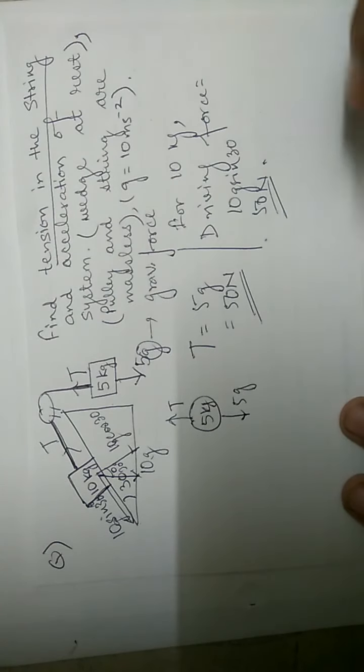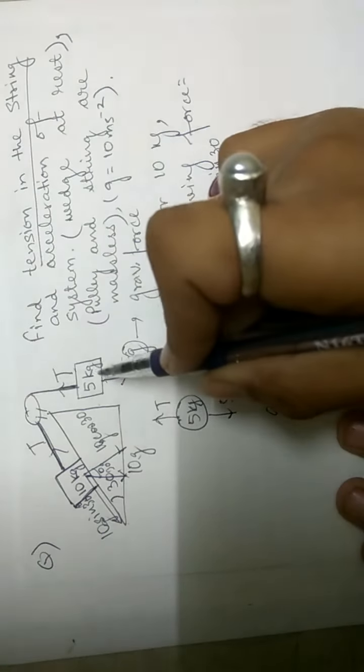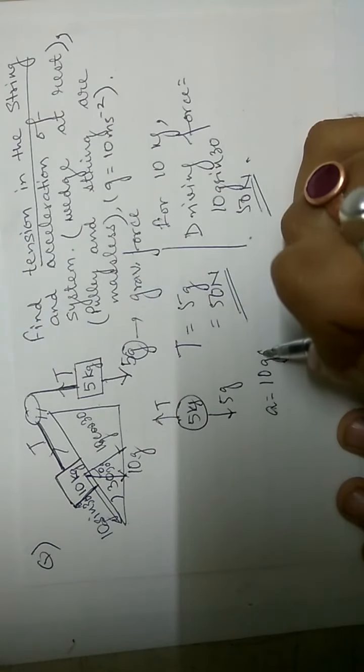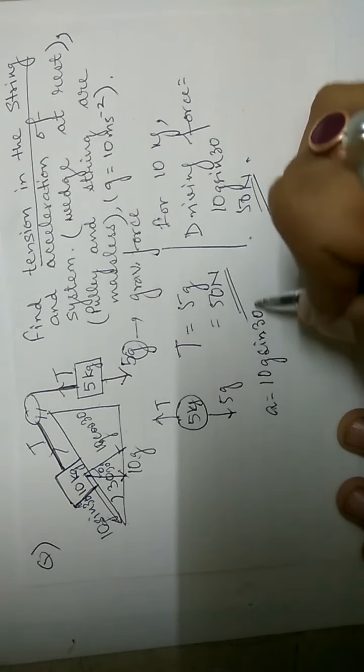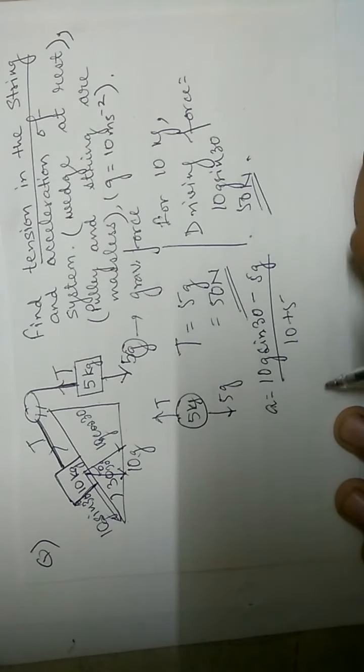Using the pulling force method, we can do it very easily. Acceleration is given by the pulling force method. So what are the pulling forces here? We have 10g sine 30 minus 5g by 10 plus 5.